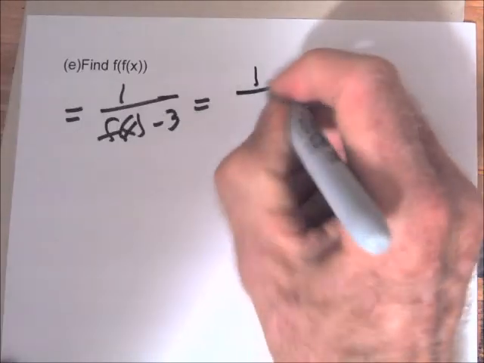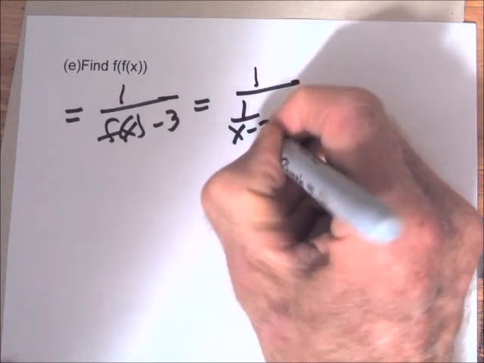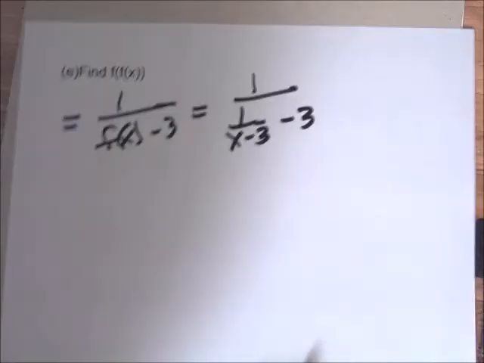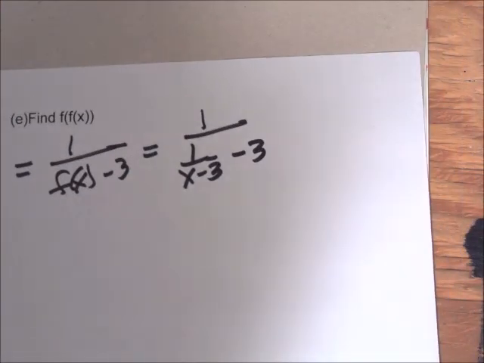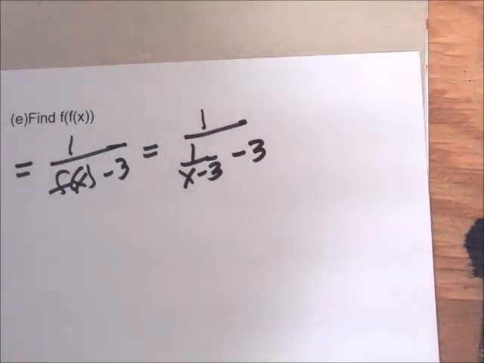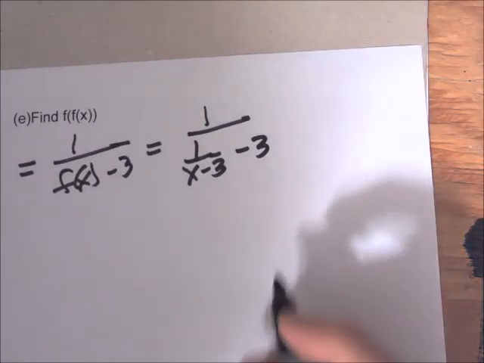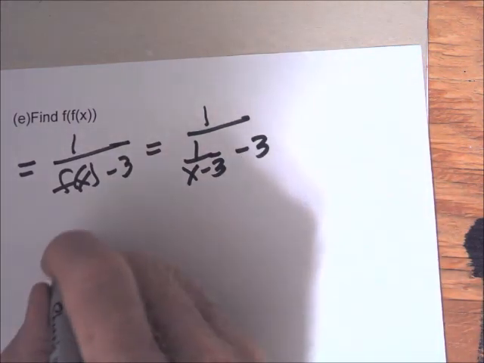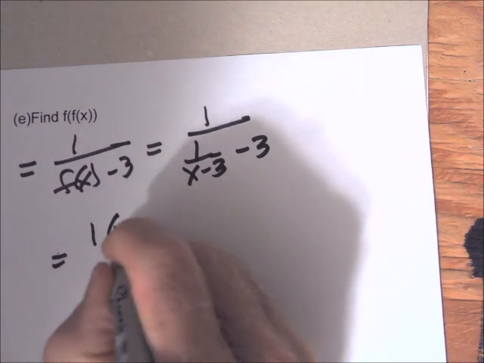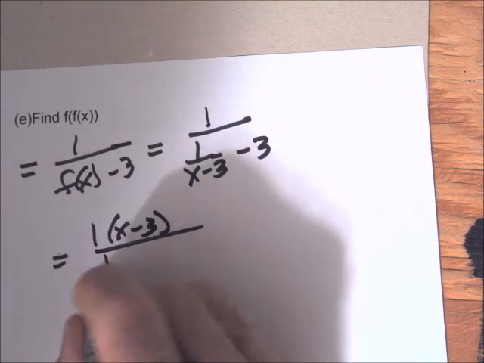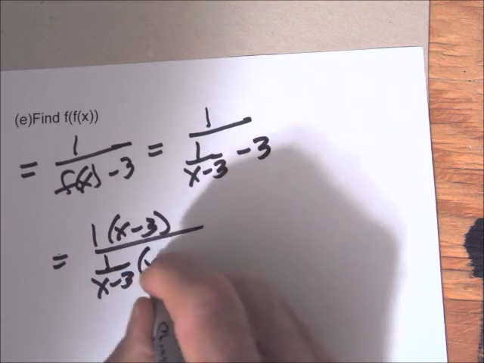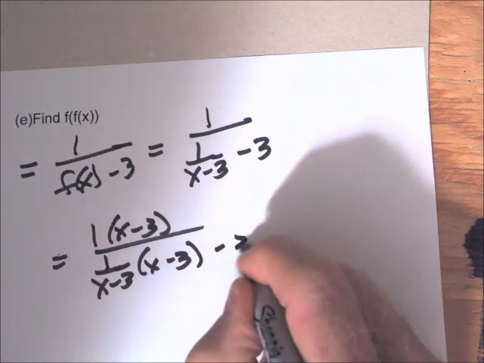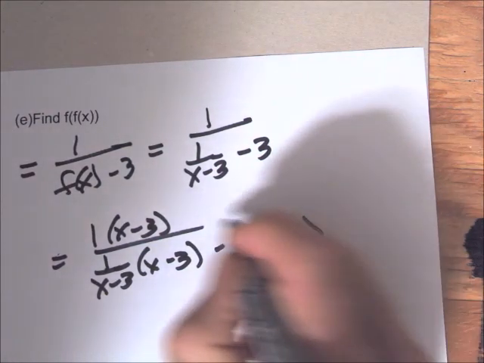So this is 1 over 1 over x minus 3 minus 3. Okay, so again we have a fraction within a fraction, so we want to multiply each term by the denominator of the inside fraction. So it'll be 1 times x minus 3 over 1 over x minus 3 times x minus 3 minus 3 times x minus 3.